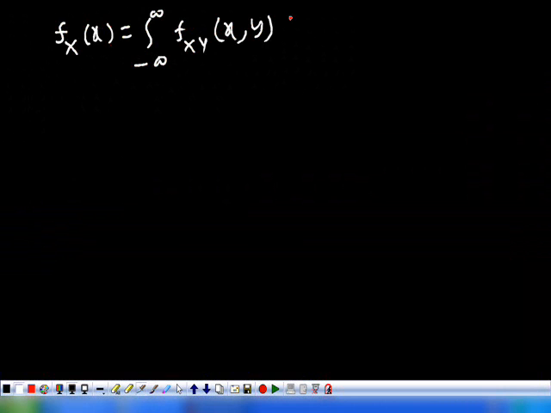So we already know that fx of x is equivalent to the integral from minus infinity to plus infinity of fxy of x comma y dy. Is it right? What do we call this? This is a marginal density function.